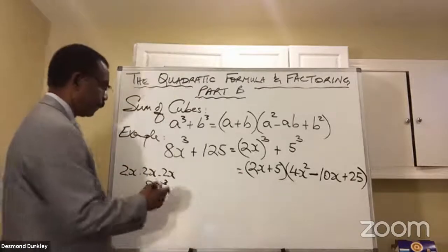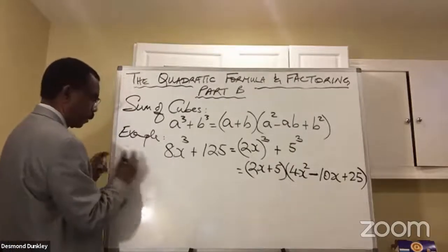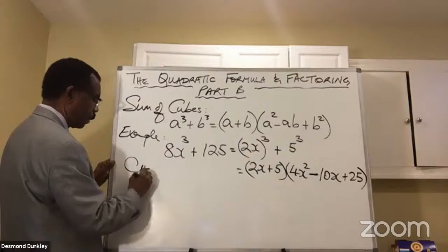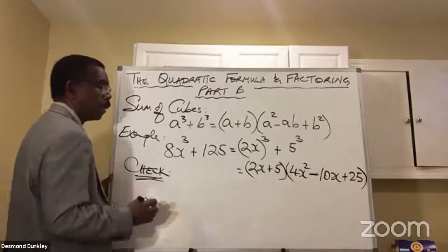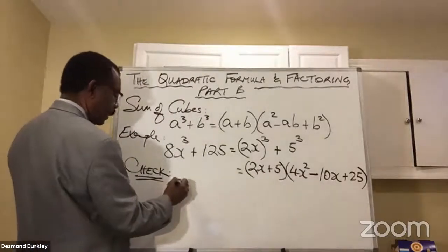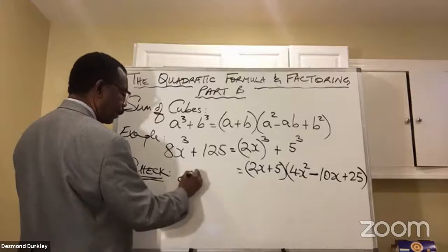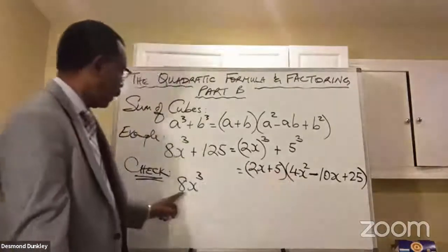Let's check. X times 4x squared is 8x cubed. There it is. 2 times 4, 8.